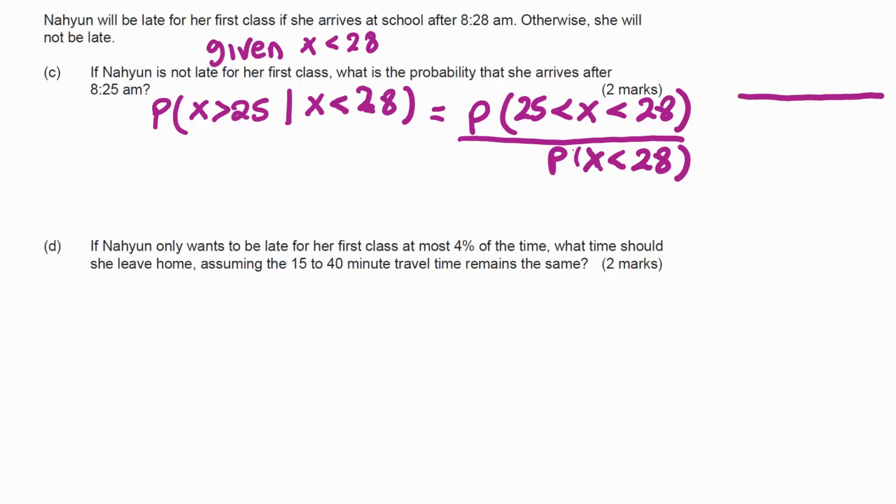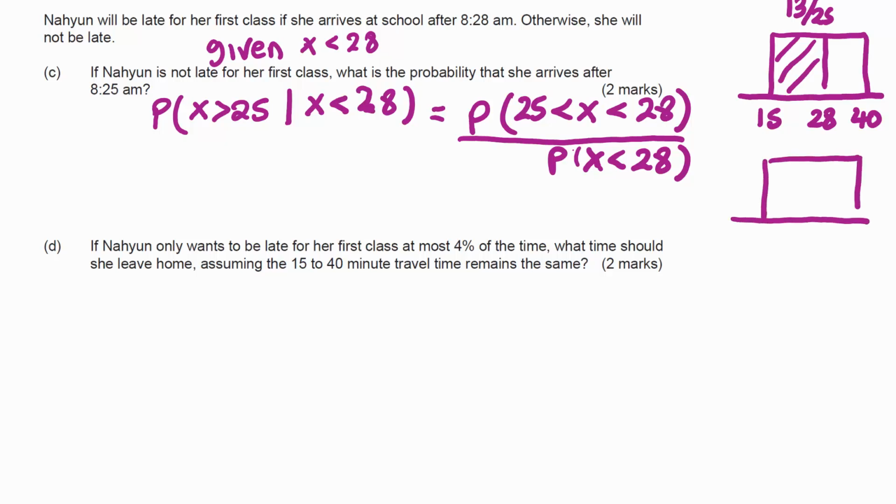So if we have a quick look at the distribution, if 28 is here, then we know that this is 13 over 25.